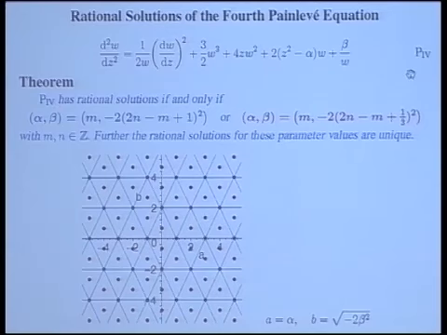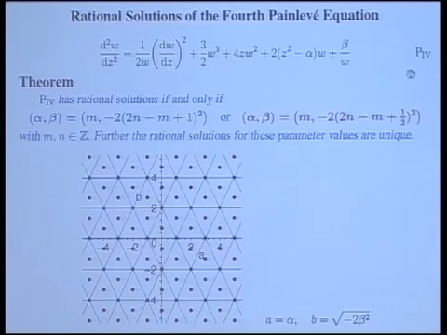This is an a-b plane where a is alpha and b is the square root of minus 2 beta squared, so these parameters. And these red dots are the centers of these triangles. Painlevé IV has solutions in terms of Weber-Hermite functions that lie on these straight lines, and where the straight lines cross, they can reduce to rational solutions as well.